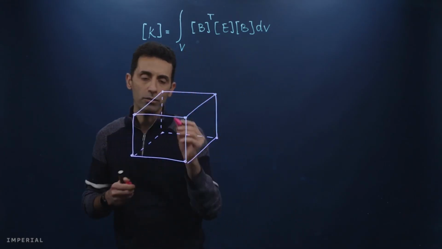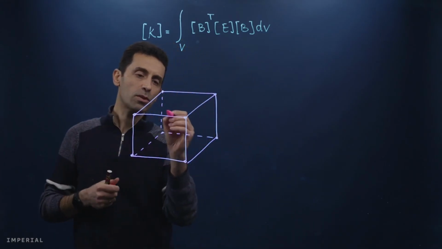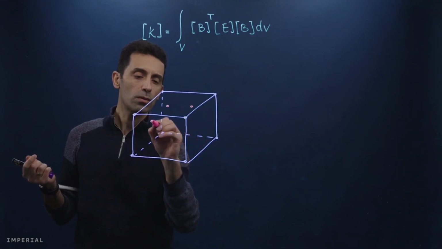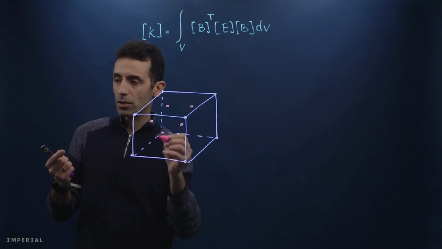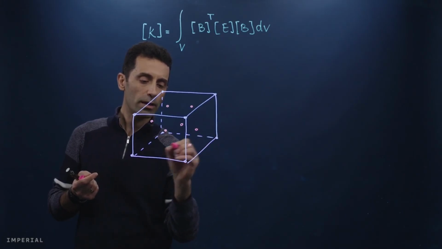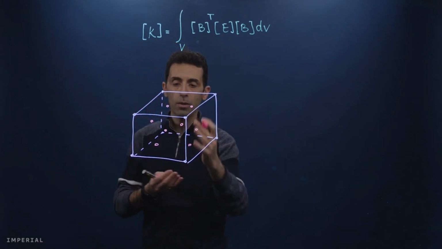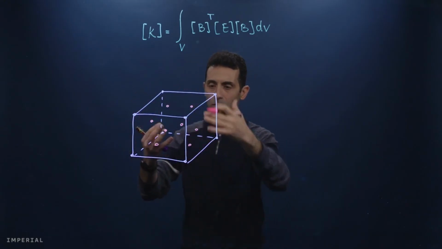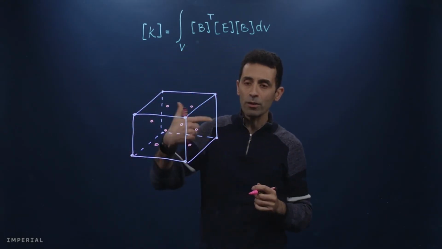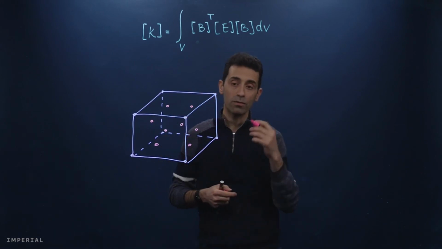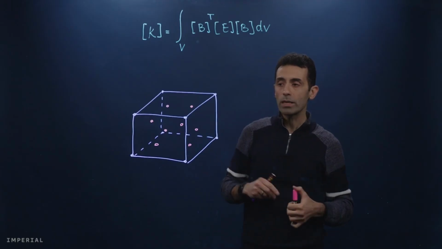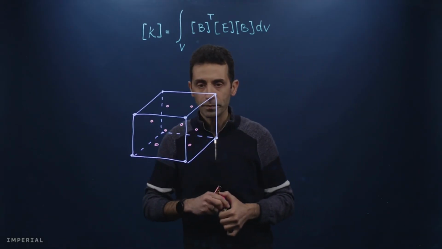So we can have 2 points in each direction. So let's say 1, 2, 3, 4, and then some below, in the plane below, so here, there, and there, and there. So all of them are within the volume of the element across different axes. So we have 8 integration points. If we use 8 integration points for a linear hexahedral element, we call this a full integration.